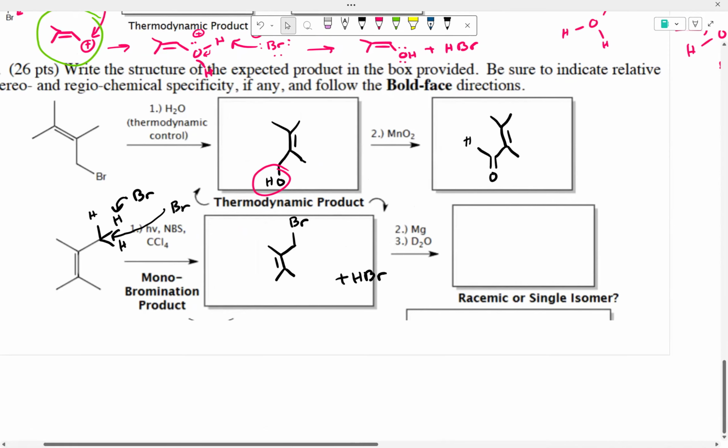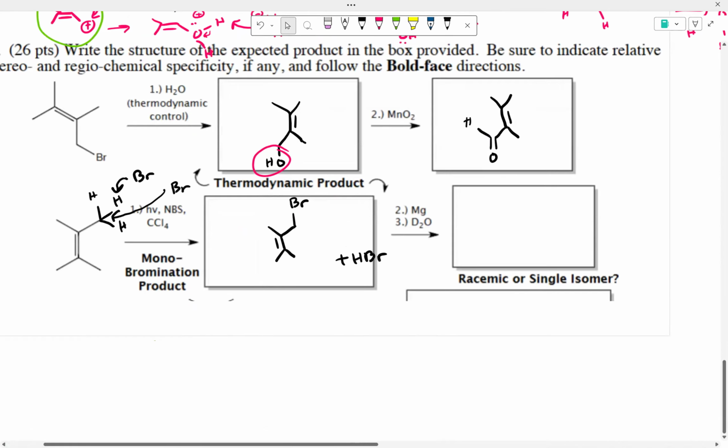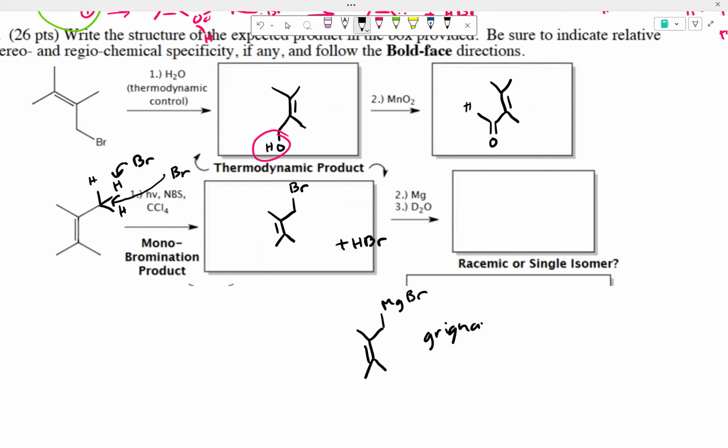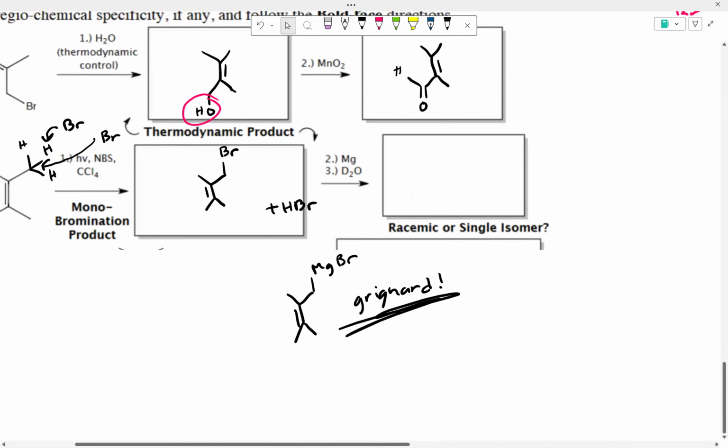Here, in the second part, we see that we have a magnesium, so that means that we form a Grignard. If you see magnesium, you should think right away, oh my gosh, I'm dealing with a Grignard.